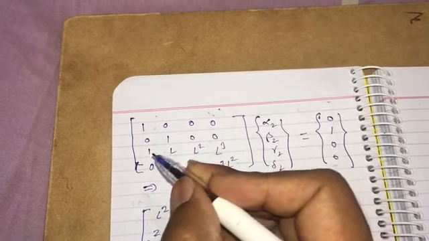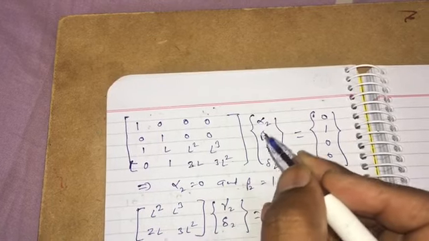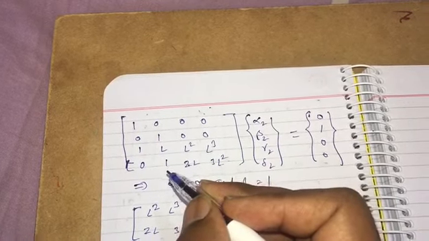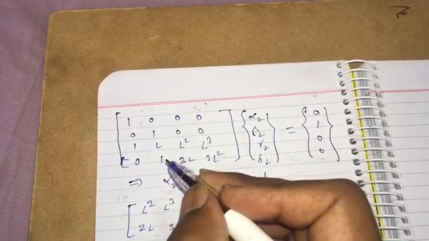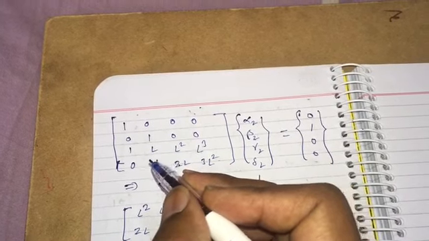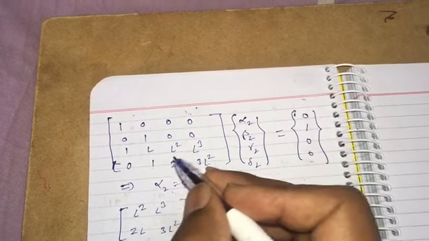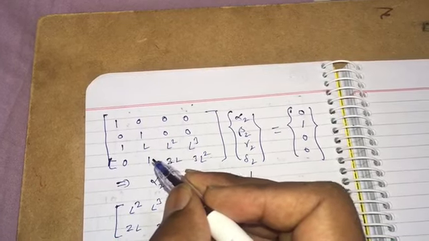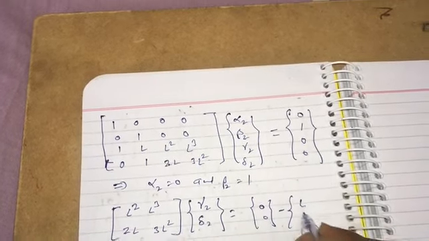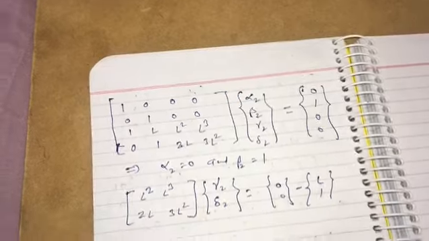Multiplied by 0 and 1, this becomes L, and 0 and 1, so this becomes 1. So basically on that side we have to take L and 1, so minus L and 1 like this.